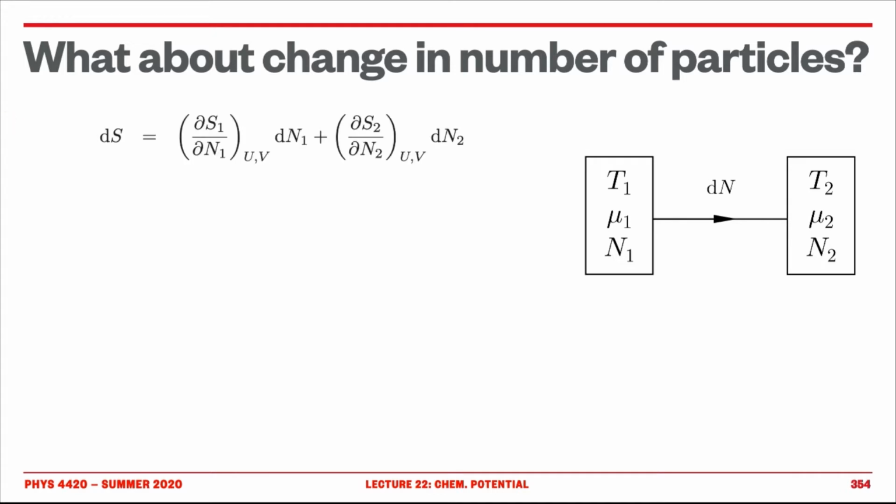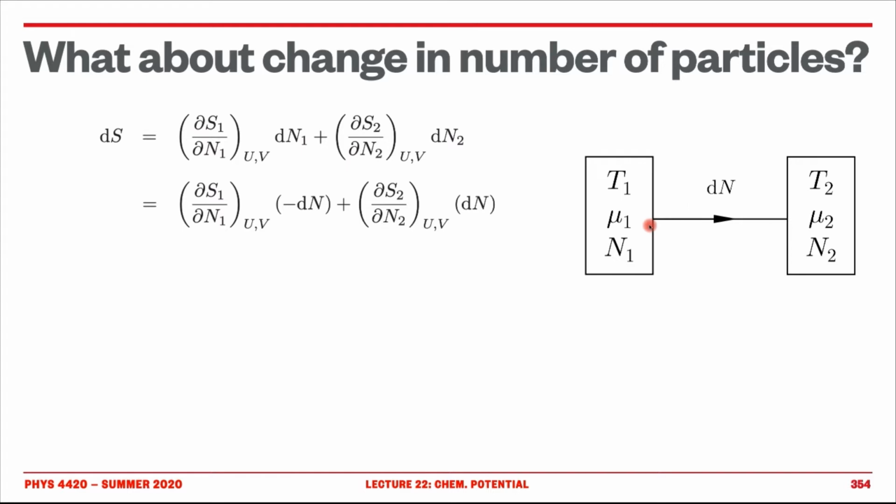The math is exactly the same as on the previous slide. Now the variables that change for the entropy are N1 and N2, the number of particles in both reservoirs.